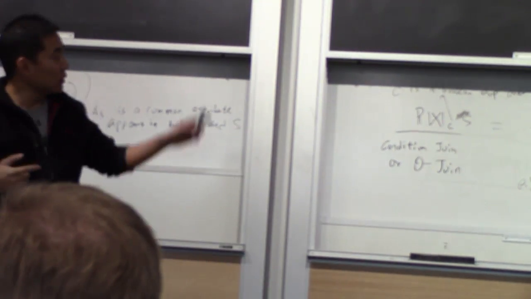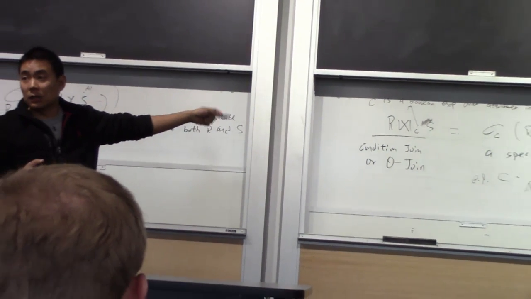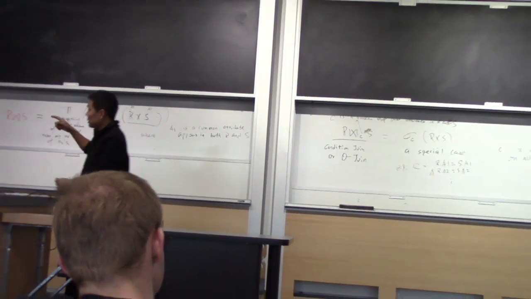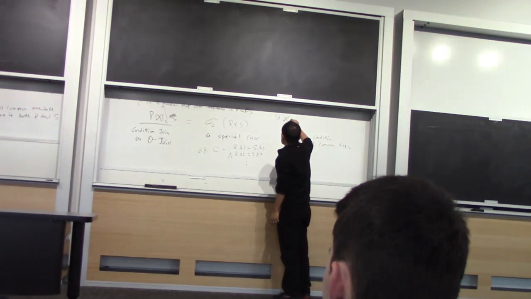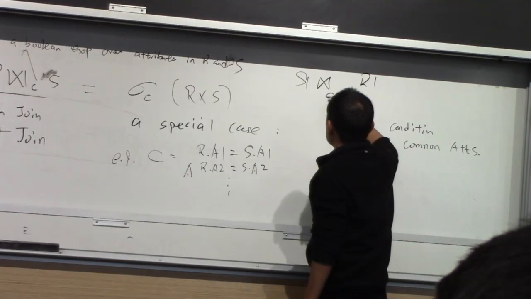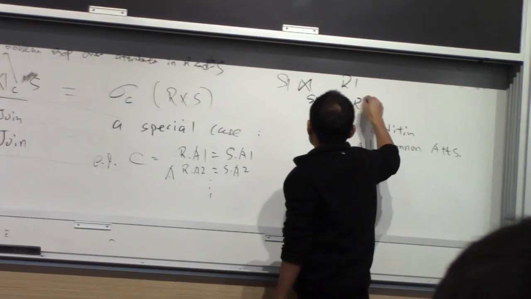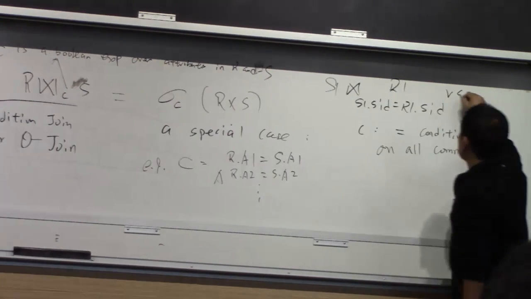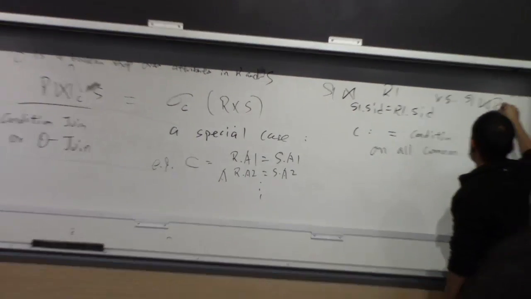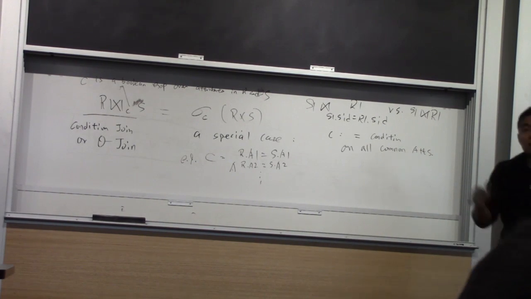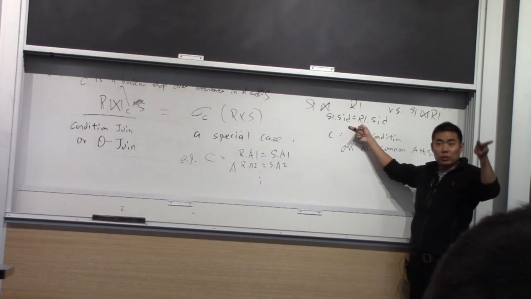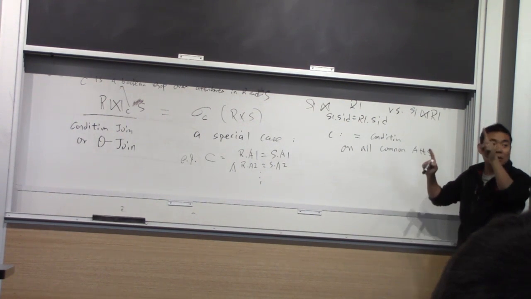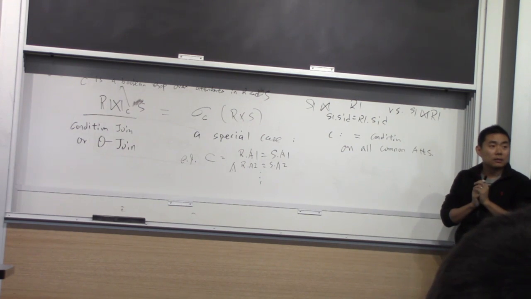In other words, if you do equality condition on all common attributes for S1 and R1, that is S1 theta join R1 where S1.SID equals R1.SID, versus S1 natural join R1, what are the differences? They are almost the same, except that the output of this has two SID columns, and the output of this only has one SID column. Otherwise, they are identical.